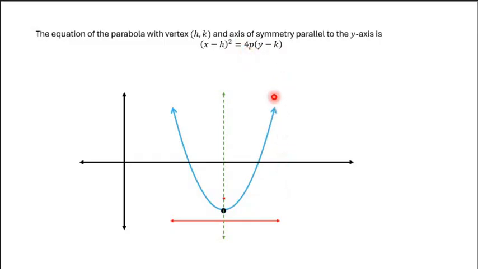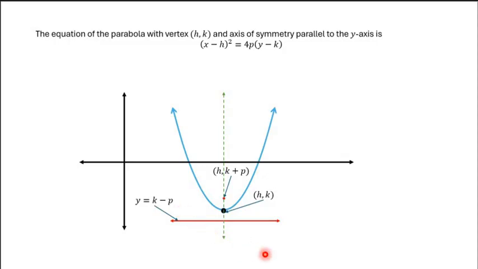That means we know then that the vertex of the parabola is going to be the point h, k, so that point there is the point h, k, and the focus of the parabola is going to be p units away from the vertex, but on the axis of symmetry. So that's going to be the point h comma k plus p, and the directrix is going to be p units in the other direction. So if I go p units in the opposite direction, that'll be the line y equals k minus p.